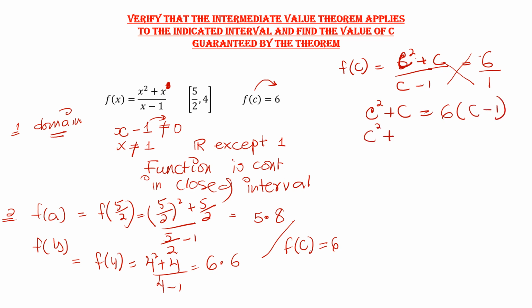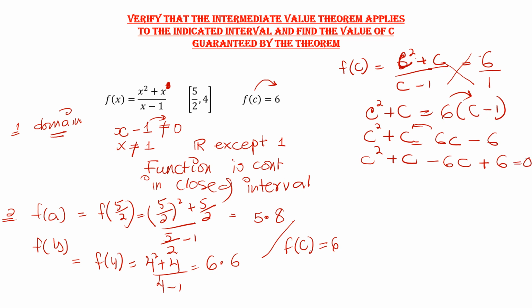Now solve the equation. 6 times c gives you 6c and 6 times 1 gives you minus 6. Now bring everything to one side. That means c squared plus c, bring the 6c to the other side, it gives you minus 6c, and after that bring the negative 6 to the other side, it gives you plus 6 equals 0.